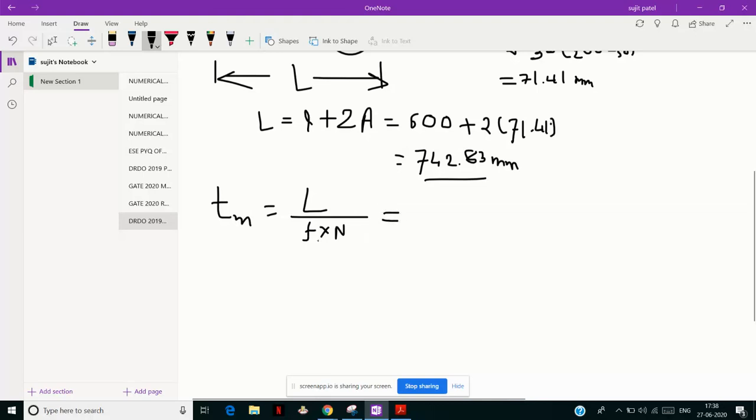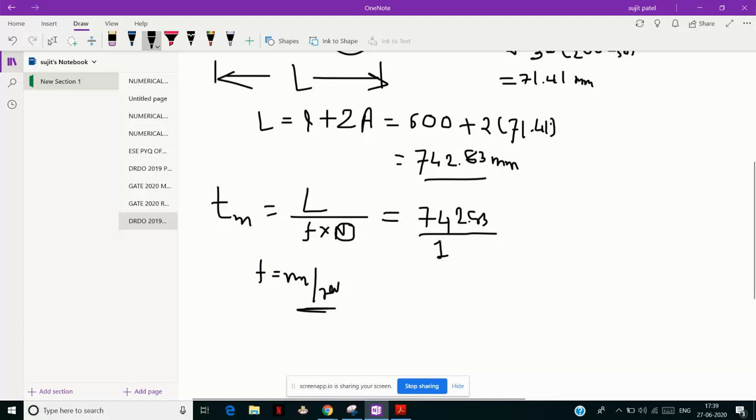But here the feed rate is given in mm per second. So 742.83 upon feed rate 1 mm per second. No need to multiply with N, because that equation is used when feed rate is given in mm per revolution.